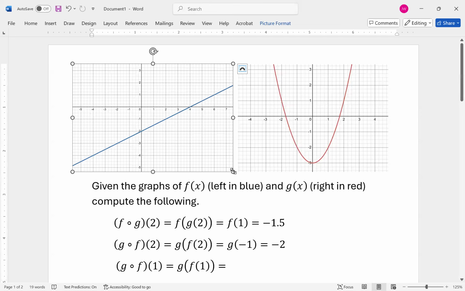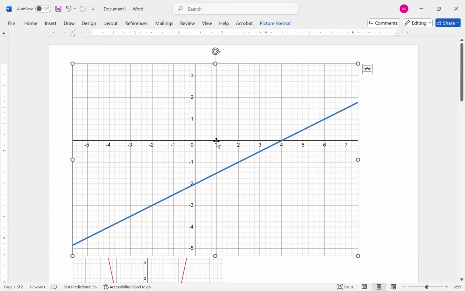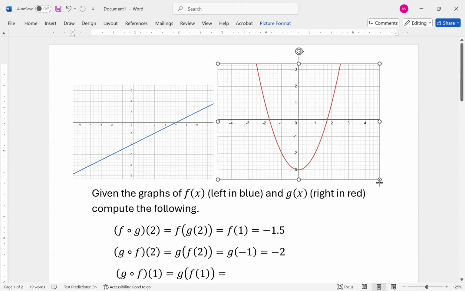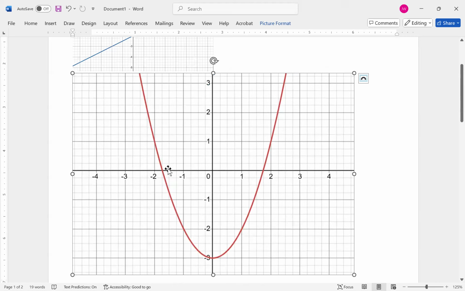But what I'm saying is, if you input a 1 into f, you're at the point (1, -1.5). And if you plug in a negative 1.5 into g, you get right here, which is negative 0.75. I can see that because each unit is broken up into 4 tick marks.